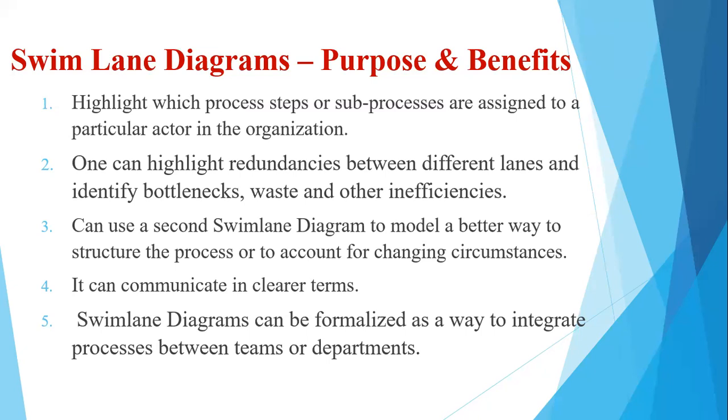So when we are preparing swim lane diagrams across the different departments involved, it helps in identifying the duplicate tasks. It can also highlight process delays or capacity constraints within a particular swim lane so that they can be addressed and resolved. Now, this can increase performance and quality and reduce unnecessary work and costs.